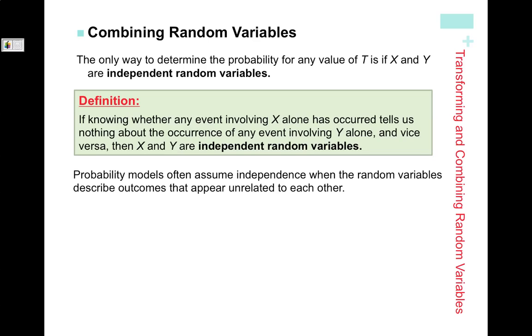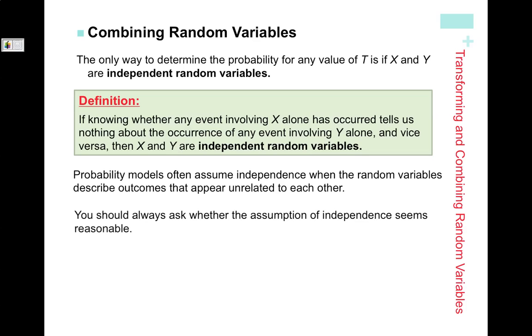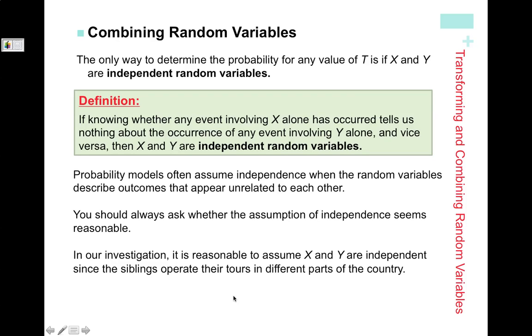It's going to be kind of a gray area for us, but for all intents and purposes, we're going to see if assuming they're independent is reasonable. And in our example with Pete and Aaron, they're on opposite sides of the country. We're going to assume that those things are independent.